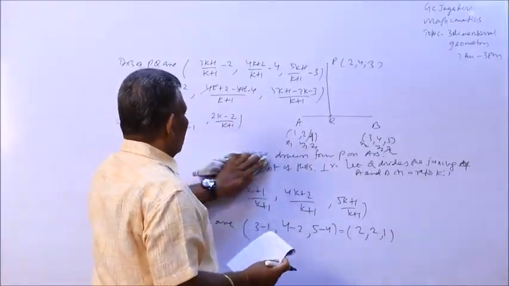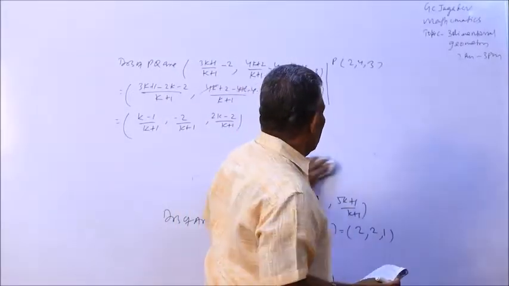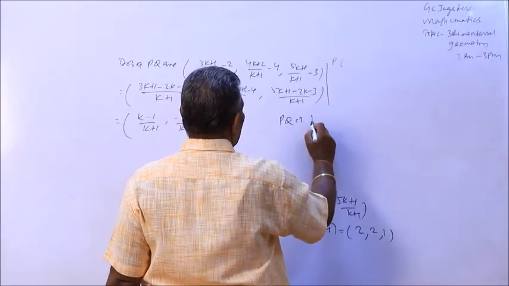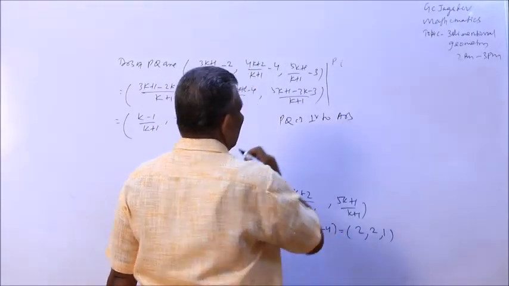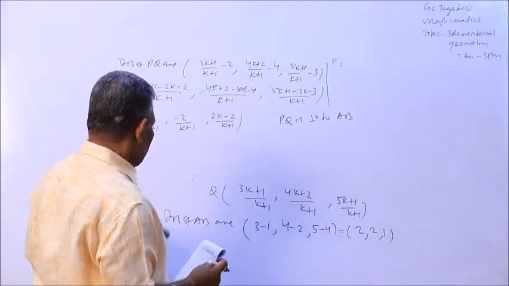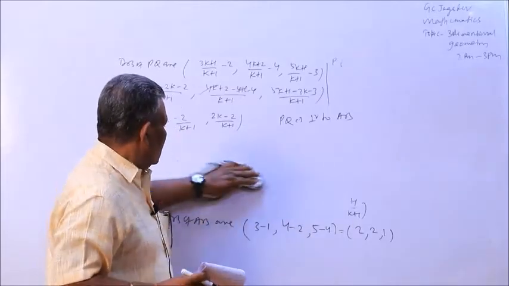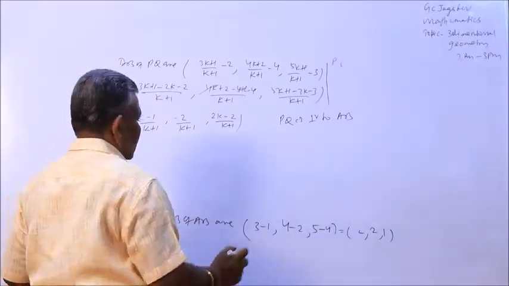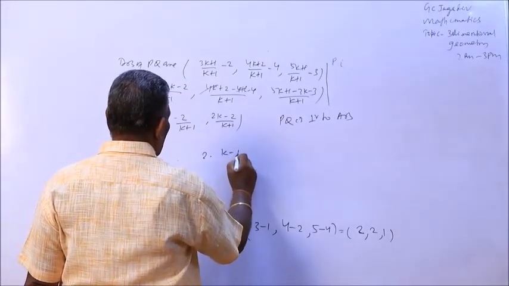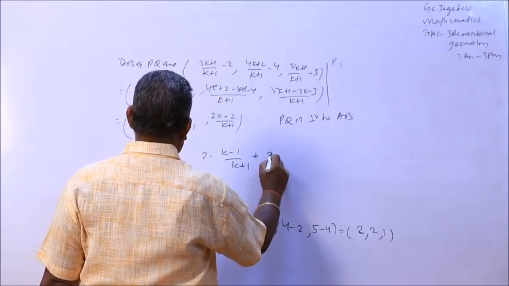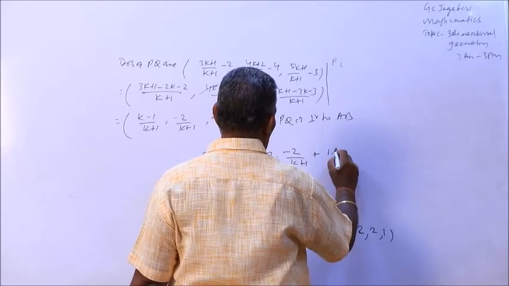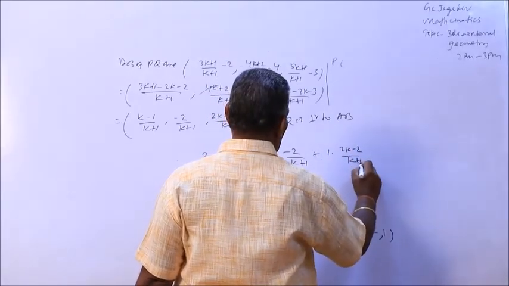Here PQ is perpendicular to AB. What is our perpendicular condition? a1 a2 plus b1 b2 plus c1 c2 equals 0. That is 2 into (k minus 1) by (k plus 1) plus 2 into minus 2 by (k plus 1) plus 1 into (2k minus 2) by (k plus 1) equals 0.